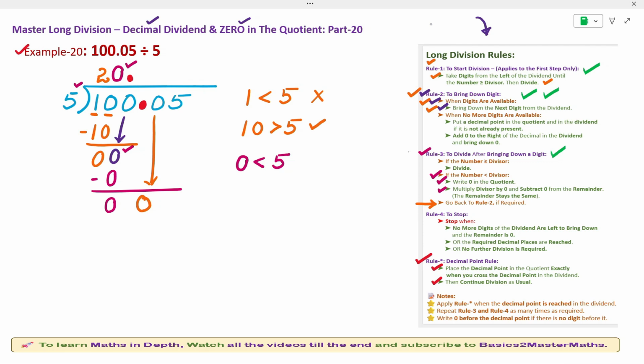Let us apply rule 3 again. In this case, the number becomes 0, which is less than the divisor 5.